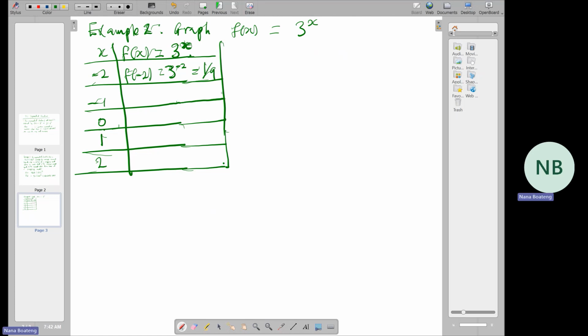And f of -1 is equal to 3 power -1, which is the same as 1 divided by 3.